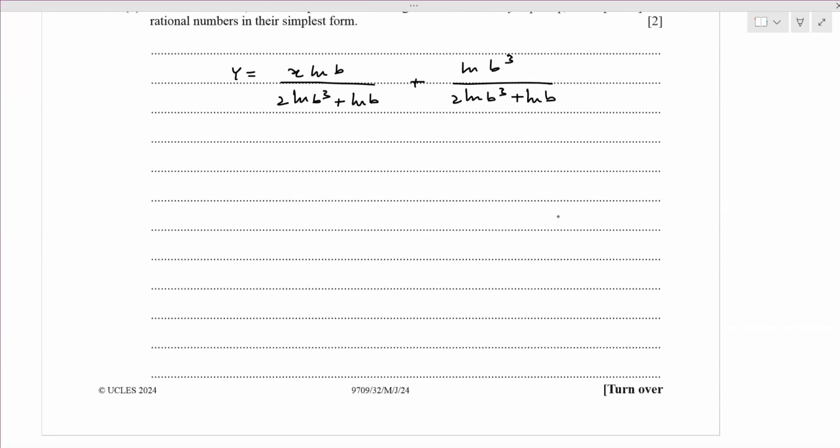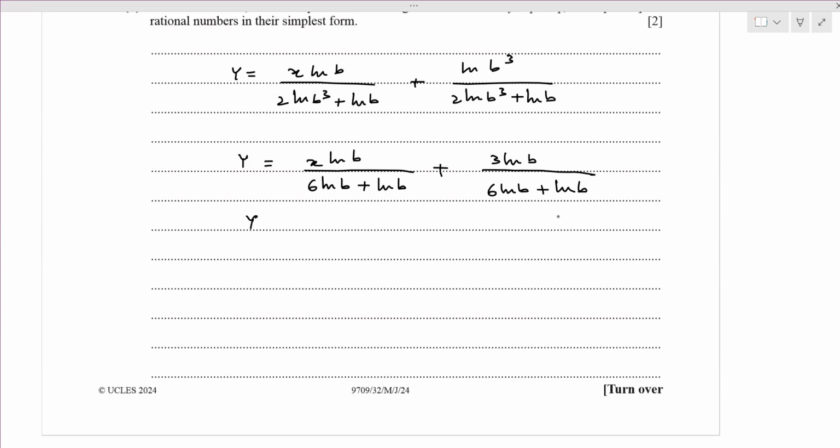Now let's start the working. y equals x ln b divided by, the power comes down, so 3 times 2 is 6 ln b plus ln b. Here it is 3 ln b divided by 6 ln b plus ln b.